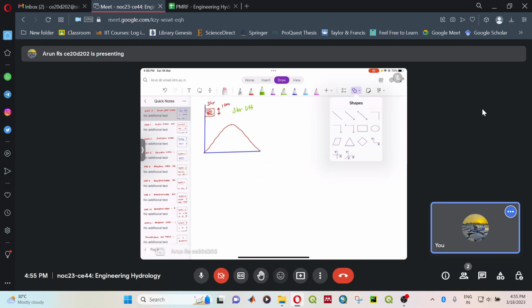Now if you want to obtain a flood hydrograph, a flood hydrograph is the combination of your base flow and your unit hydrograph multiplied by the excess rainfall value.